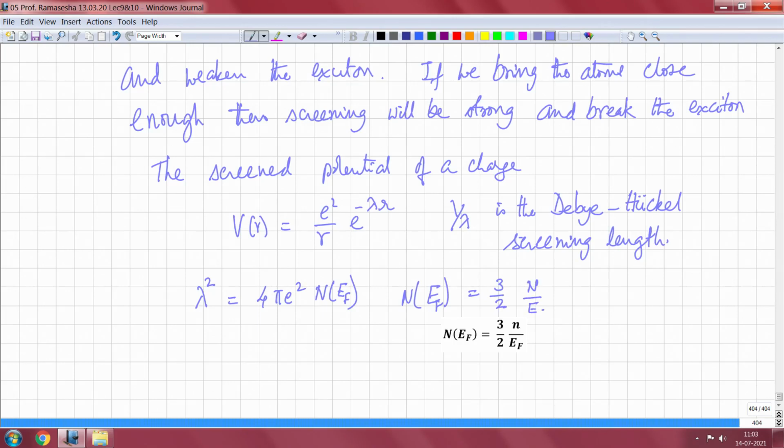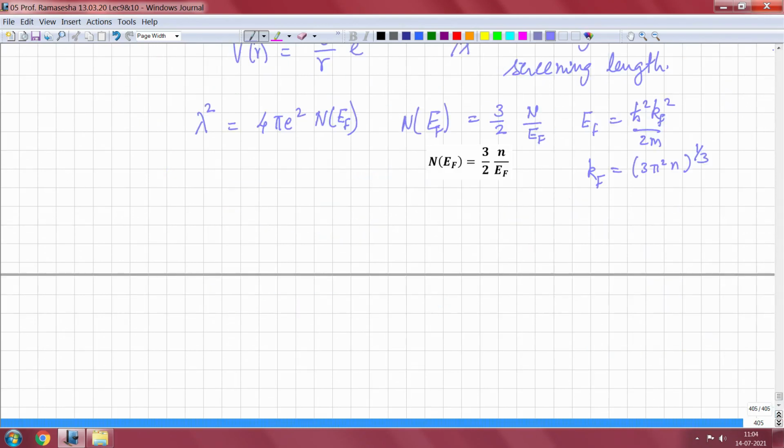This is an expression that we derived earlier in the free electron context, and we know that EF is equal to h cross squared kF squared by 2m, and kF is equal to 3 pi squared n to the power 1/3. So, if you plug in all these numbers, then what you get for lambda squared is the following.